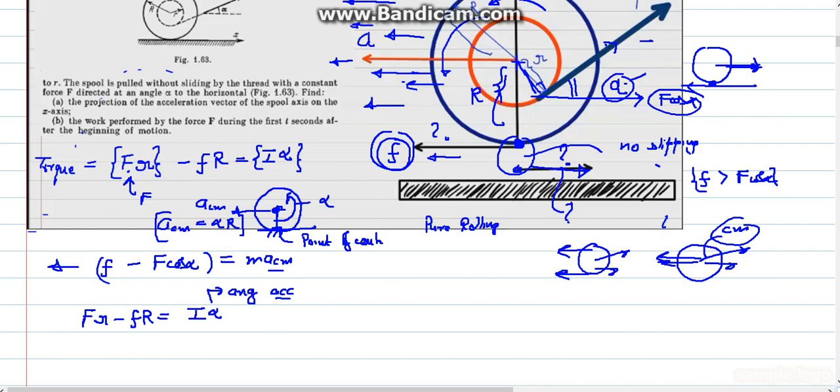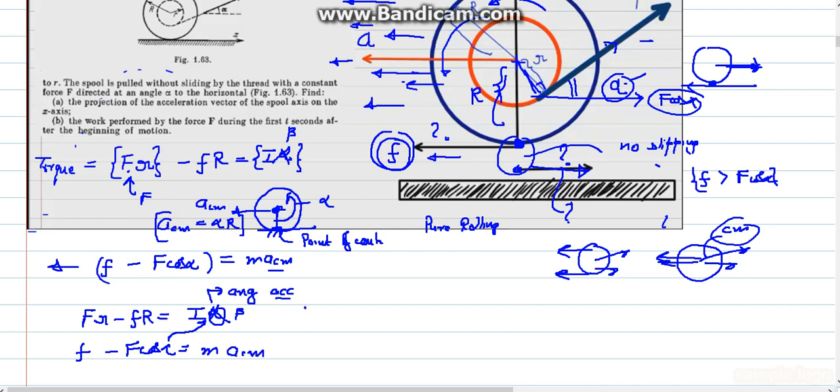To be safe, let me write beta here in place of alpha for the angular acceleration, so that there is no confusion. And another equation is F minus F cos alpha is equal to m a of center of mass.